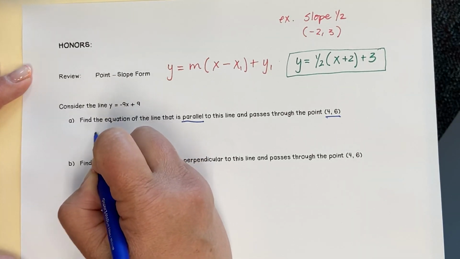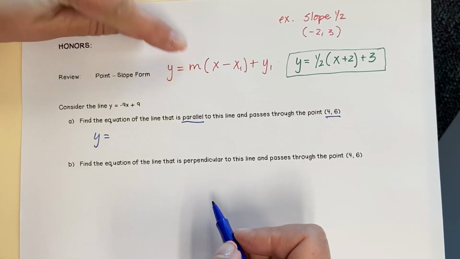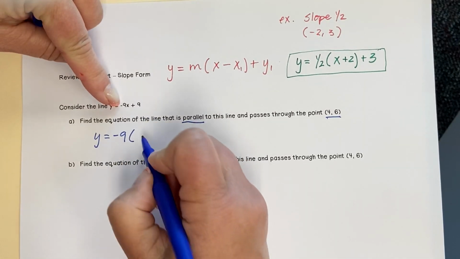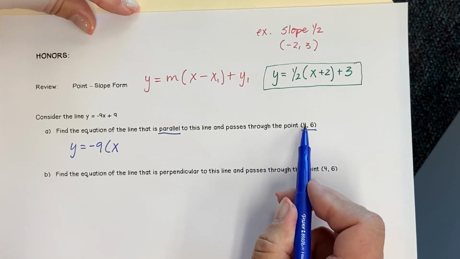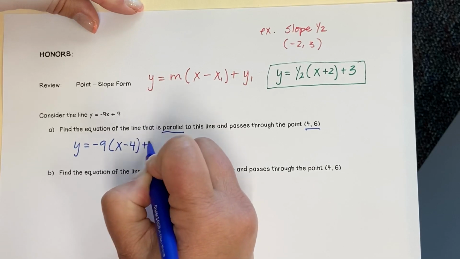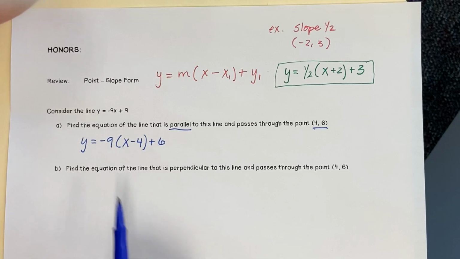So you've got y equals, your slope is the same, -9. Then you're going to go x, we want the opposite of this 4, so -4 plus 6. Okay, equation of the line.